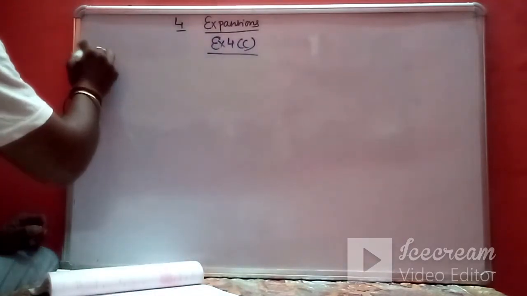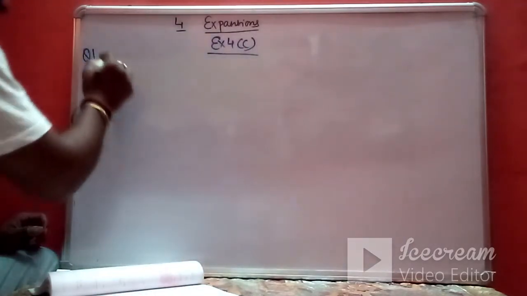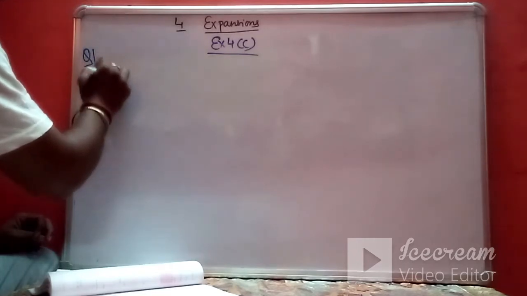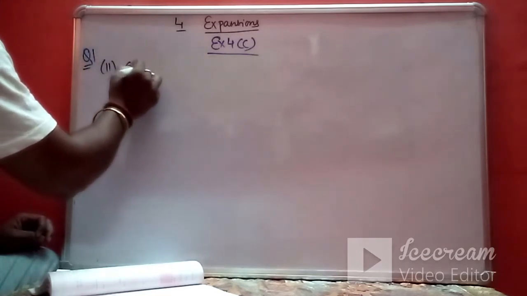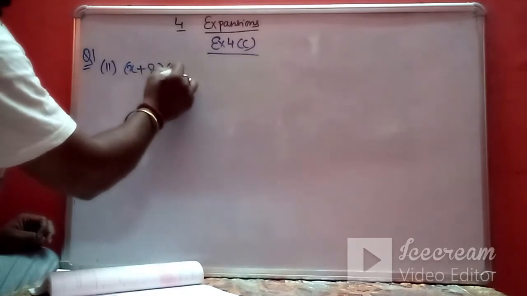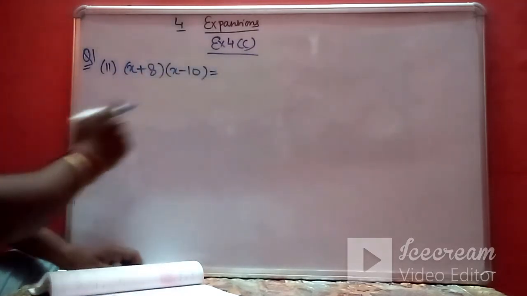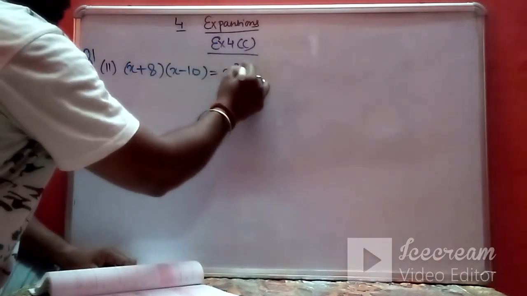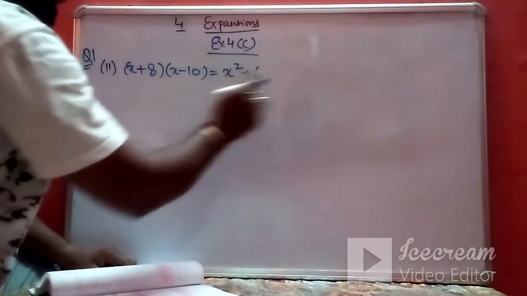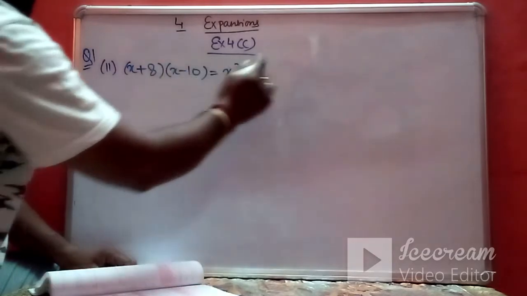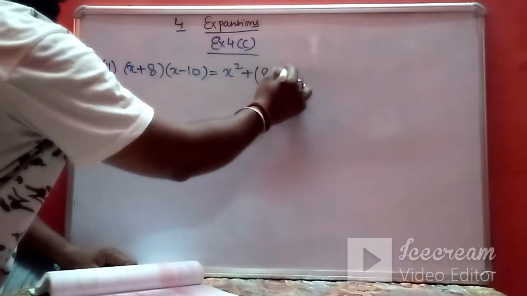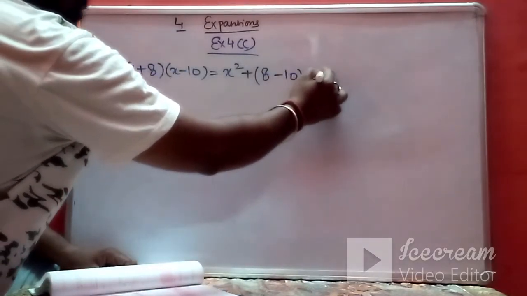So the very first question, let's see the second part: (x + 8)(x − 10). Again here is x, here is also x, so we can write it as x², then plus sign. Then I will take these two terms with their sign, that is 8 minus 10, x.